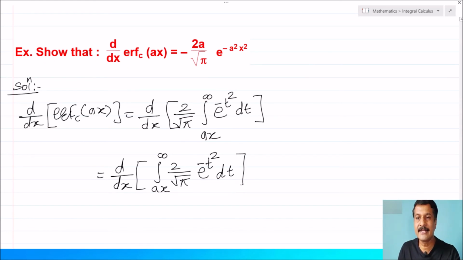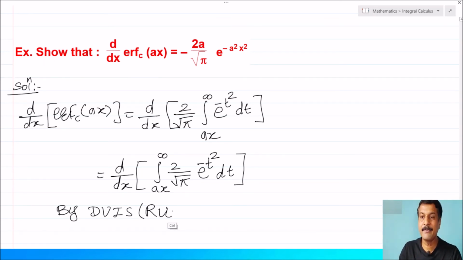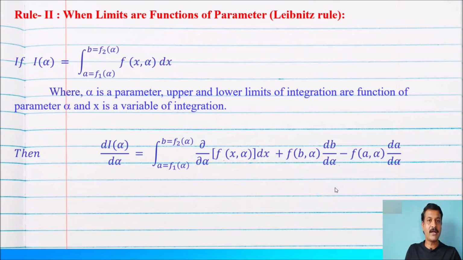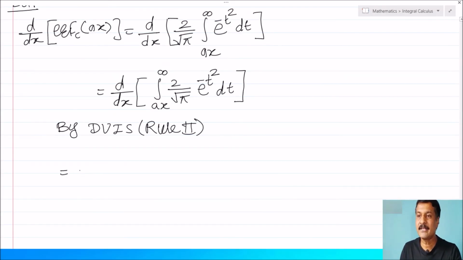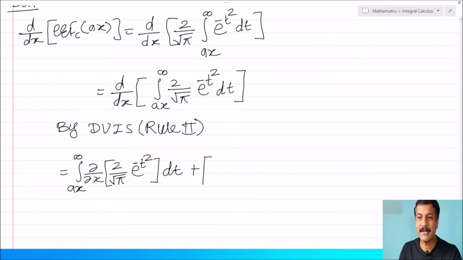So decide the integrand, and then again apply DUIS rule number 2, the Leibniz rule, dI/d alpha. By using this result, I can write this as the integration from ax to infinity of the partial derivative ∂/∂x of 2 by root pi e^(-t^2), that is the integrand, plus the variable replaced by the upper limit, so e^(-infinity) here. Here the variable is what?